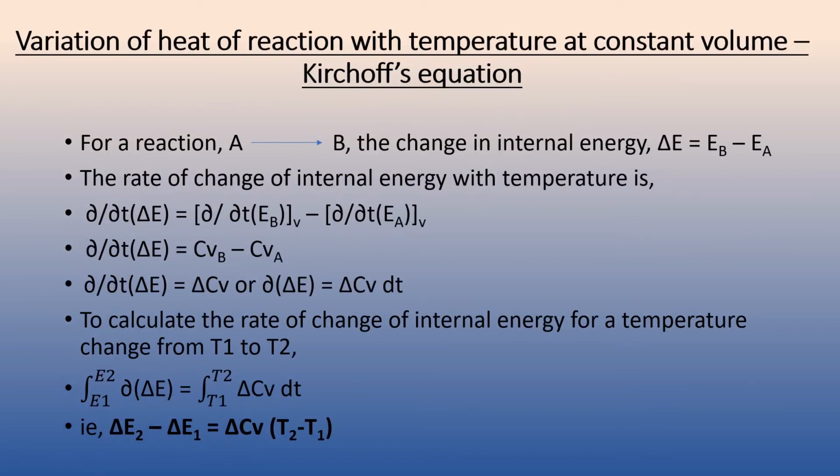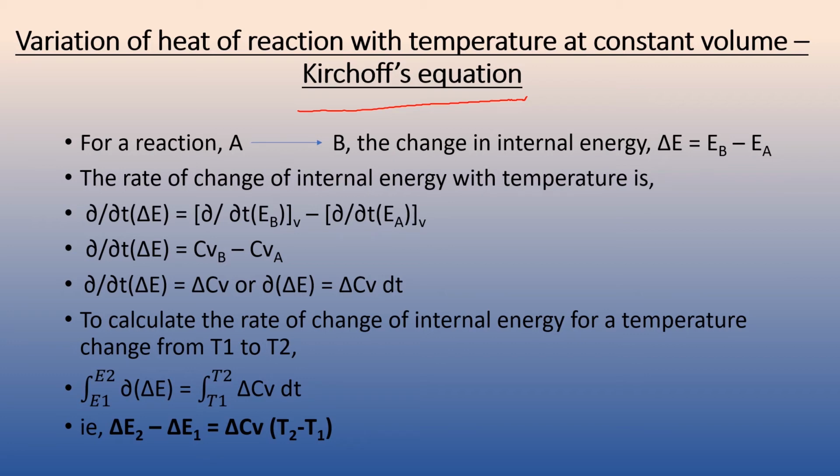Next is the variation of heat of reaction with temperature at constant volume, Kirchhoff's equation. We can write Kirchhoff's equation for variation of heat of reaction with temperature at constant volume and also at constant pressure. How heat of reaction is affected by temperature is dealt with in Kirchhoff's equation.